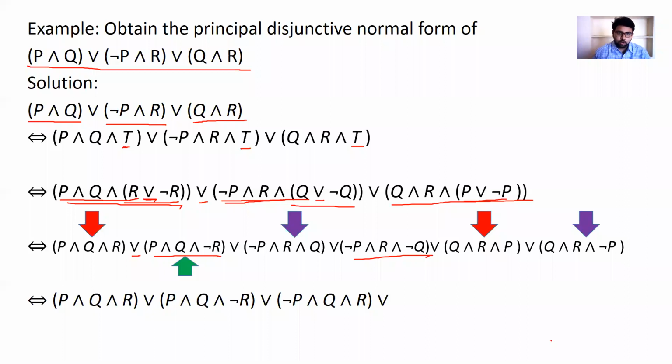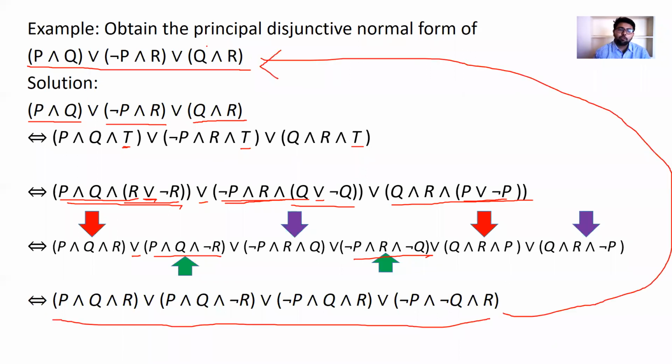That is the principal disjunctive normal form. The given formula is equivalent to this, in the form of sum of products. That is the principal disjunctive normal form. So for everyone, is it clear that this is the disjunctive normal form?